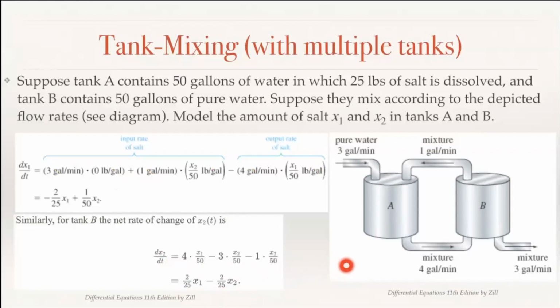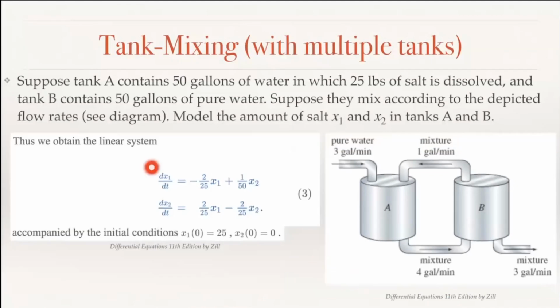Similar to what we did in 1.3 before we could actually solve them, and then we did solve them in the previous 2 sections, and more. So this would be our system. This pair of differential equations accompanied by these initial conditions that initially there were 25 pounds of salt in tank A, and tank B was fresh water, 0 pounds of salt in tank B initially.